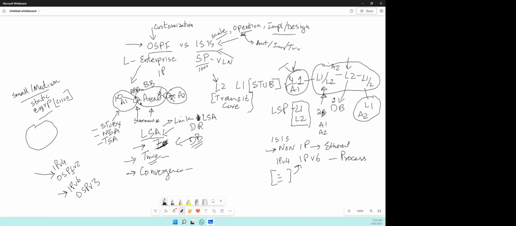But ISIS, the only scary part in ISIS is the NSAP number or the network number. That is, you know, once you get a hang of it, it's not that bad. It's essentially an area and system ID identification.